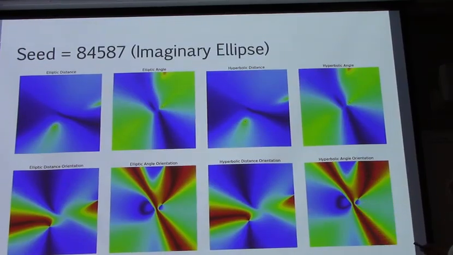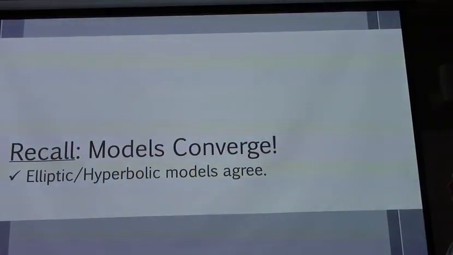And you'll notice that the elliptic distance and the hyperbolic distance are identical, just like I told you that the two models converge. Similarly, the elliptic angle and hyperbolic angle also converge. And you can see that basically it's redundant information, but it's absolutely gorgeous. These depict literally the complex plane being twisted and wrung dry, almost like a dish rag. And as I said, the models converge, the models agree.